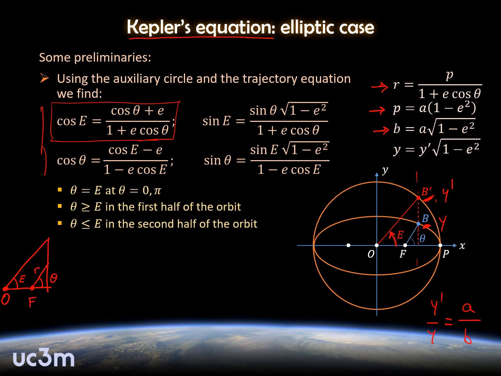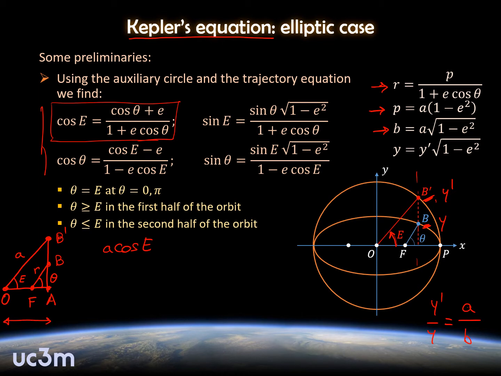This is R. This is A. This is B, and this is B prime. If we take the cosine of E and multiply by A, this is equivalent to the distance from O to, let's call this point A. So this is the distance OA.